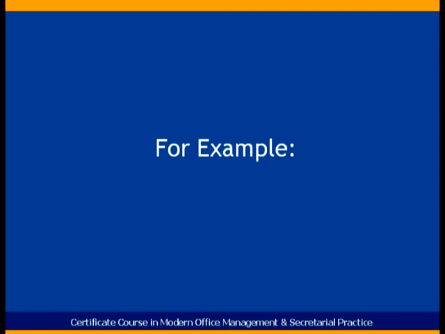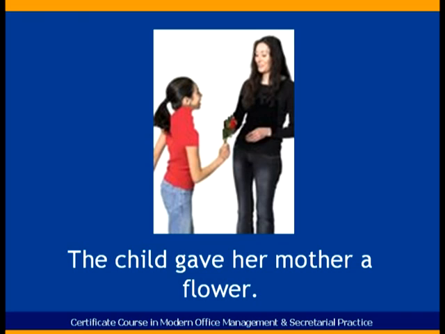For example, we could say, the child gave her mother a flower. Here we could be referring to any flower as a general rule. In this sentence, we are talking of a flower in general. Because of the word a, the listener understands that it could be any flower.